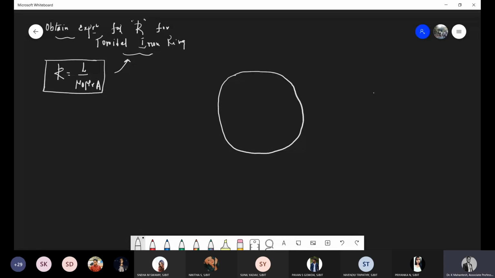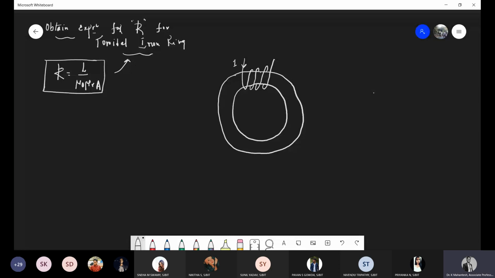This is the outer surface, and this is the inner surface, and this has got a circular coil which is carrying a current I.